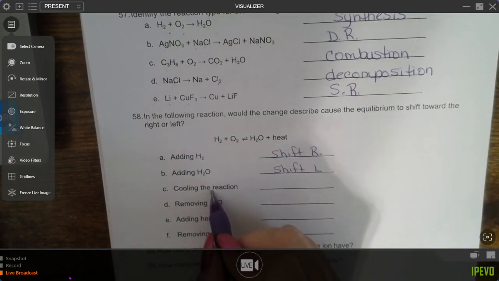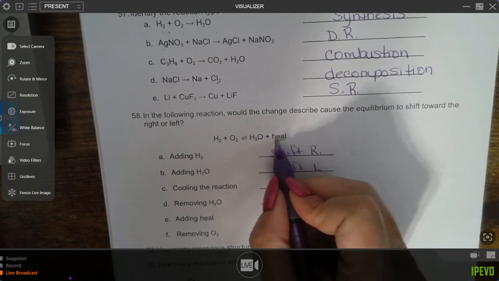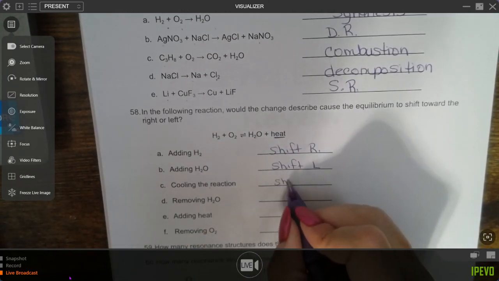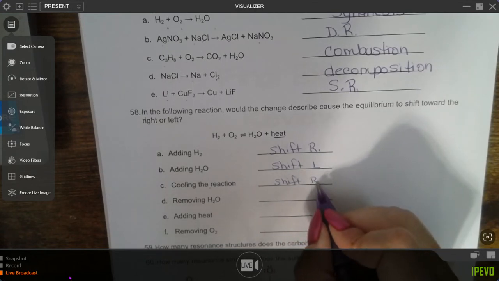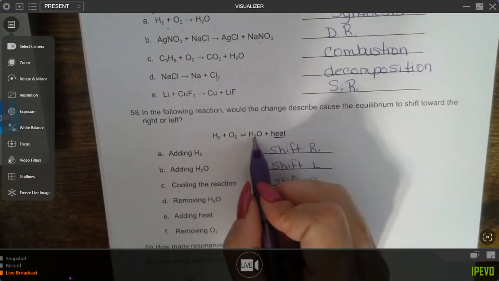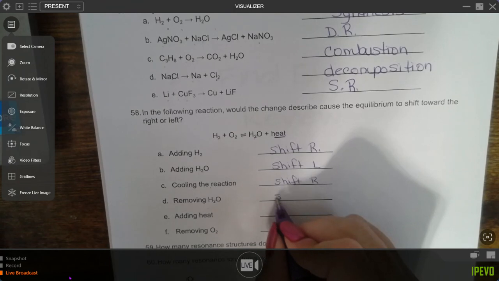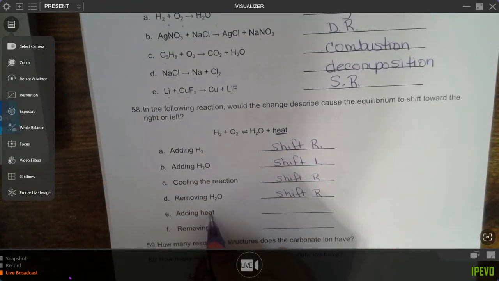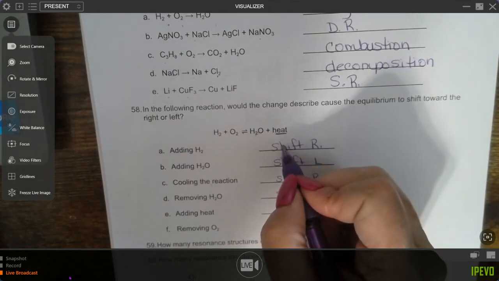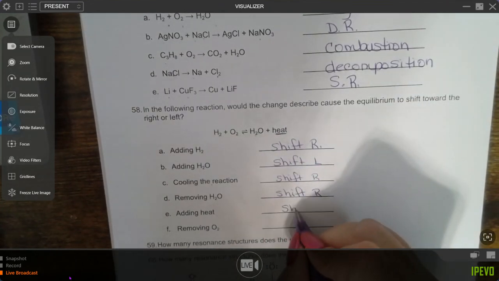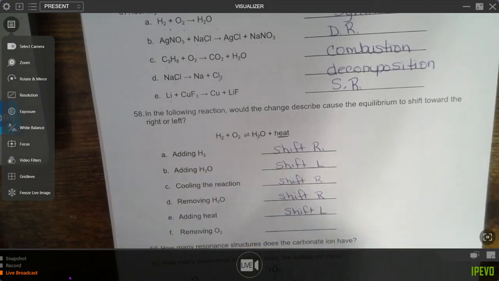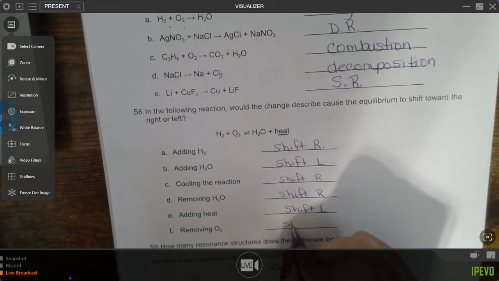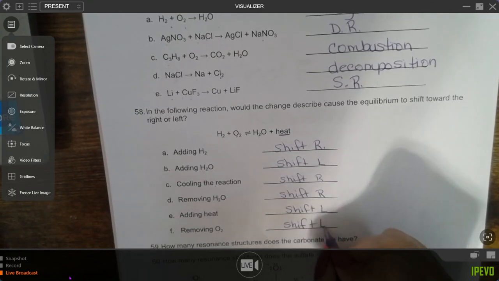If we cool the reaction, since heat is on this side, we would need to shift right. Removing H2O would also shift right. Adding heat would make us shift left. And removing oxygen would have us shift left.